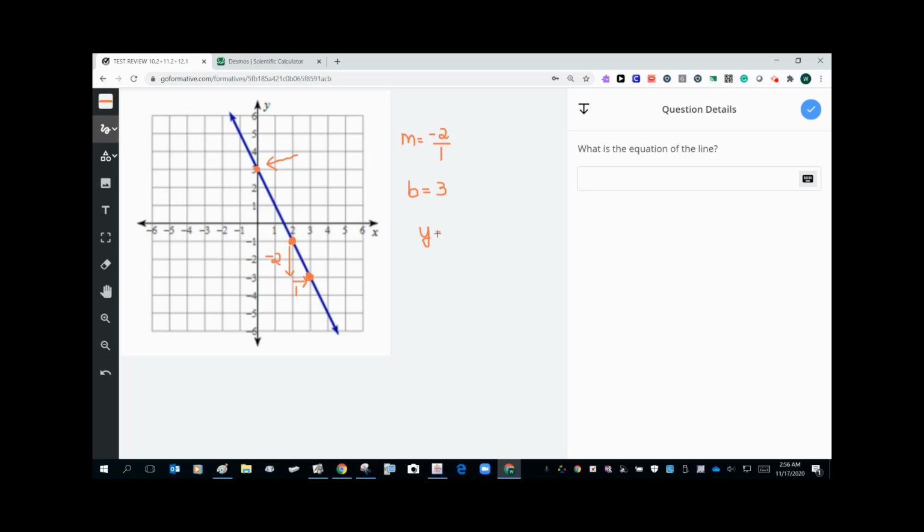With that, I can write the equation of the line, which is in this form: y equals mx plus b, and all I have to do is substitute. So this would be y equals -2 over 1x plus 3.